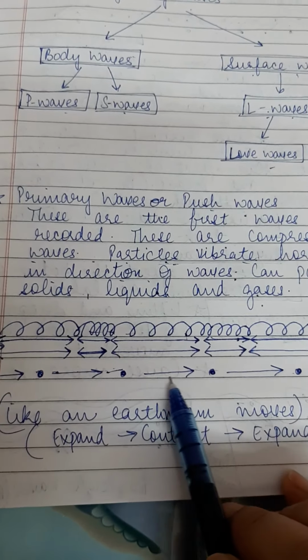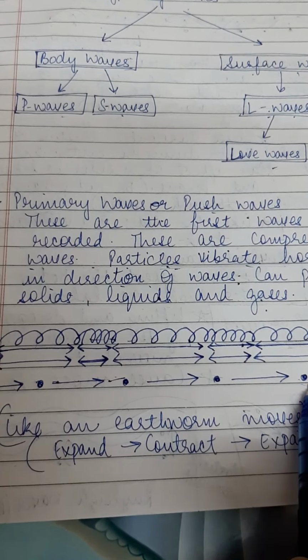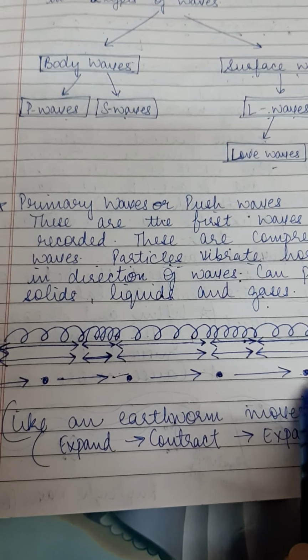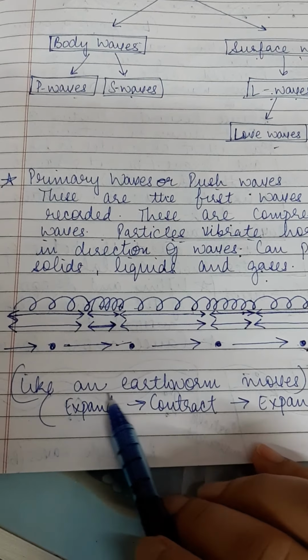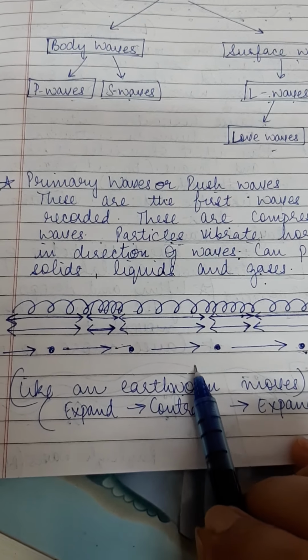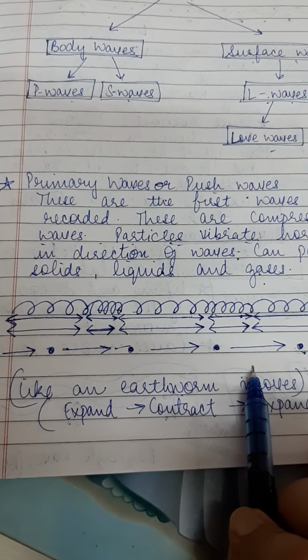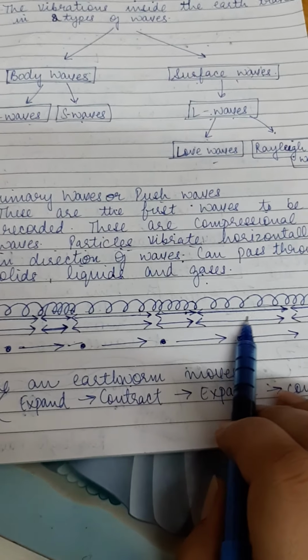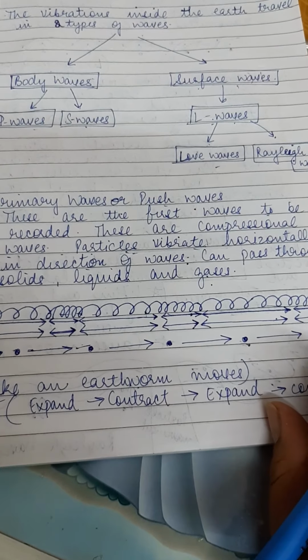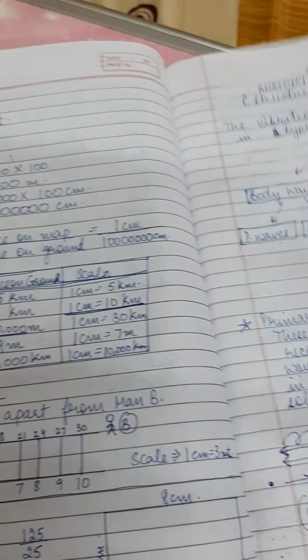So this is the horizontal movement of the particles. Particles here means the things which move with the primary wave. This is just like the movement of an earthworm, expansion, then contraction, expansion and then contraction. This is how the primary waves move in the earth's surface.